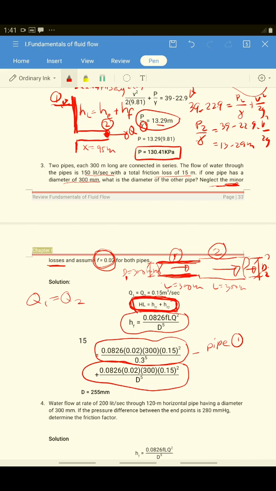We don't know, so we only neglect the head loss. Since the head loss is equal to 15, you have here 15.